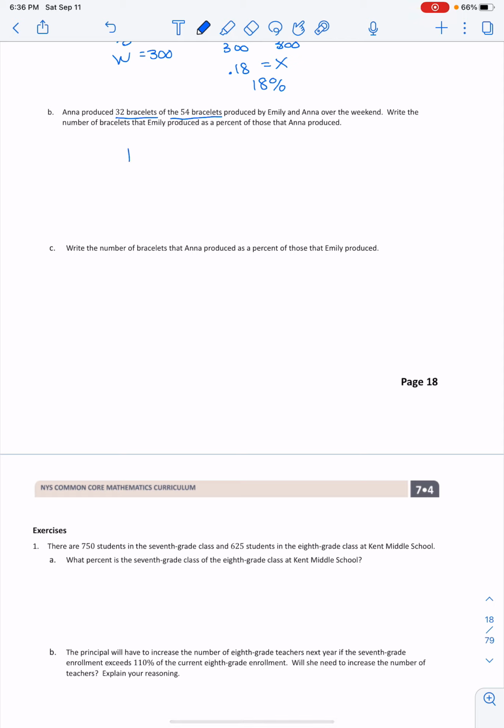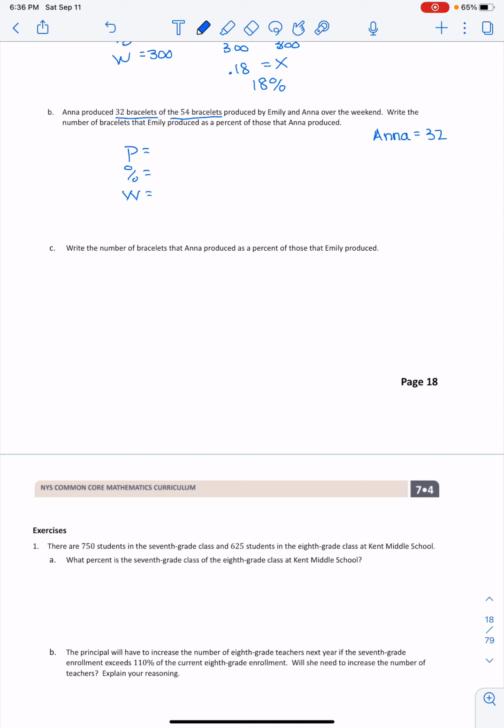Well, we have P, percent, and W. Now we have to think about this for a second because it says Anna produced. So here I'm going to write this over on the side. So Anna produced 32 of the 54 bracelets.